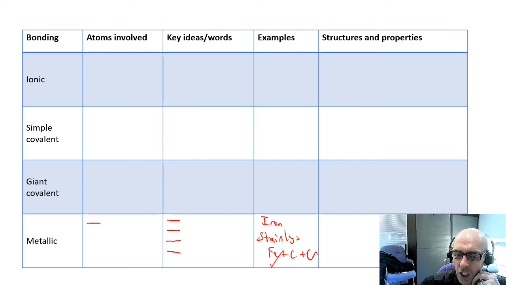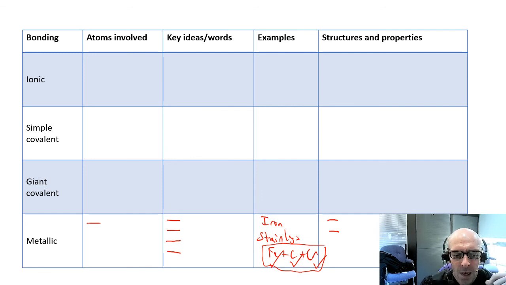Iron: cheap, strong. Carbon makes the iron stronger, that makes it steel. Chromium: shiny, doesn't rust. Add that in and the iron doesn't rust anymore. And then you've got your stainless steel, which is an alloy of those three things. Structure: giant metallic structure. Properties: high melting points, strong, malleable, conduct electricity, conduct heat.